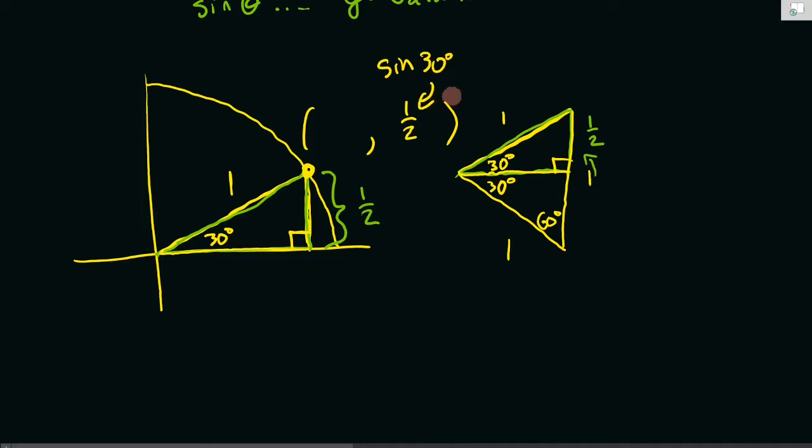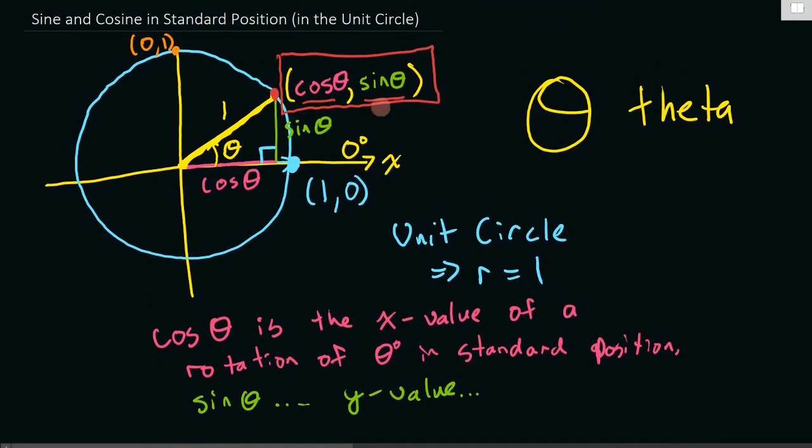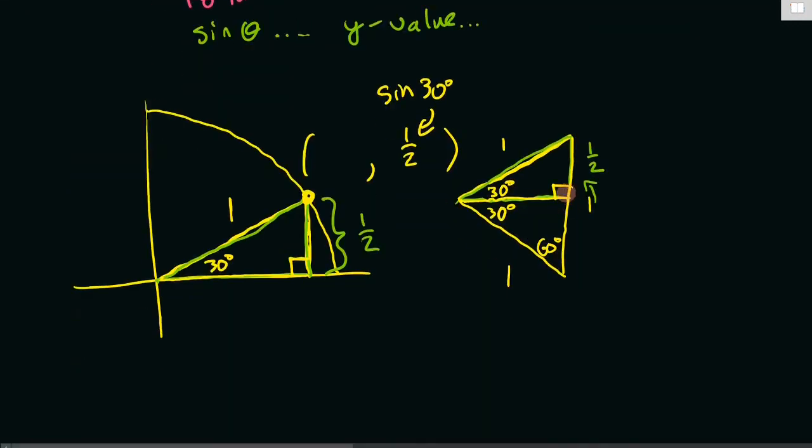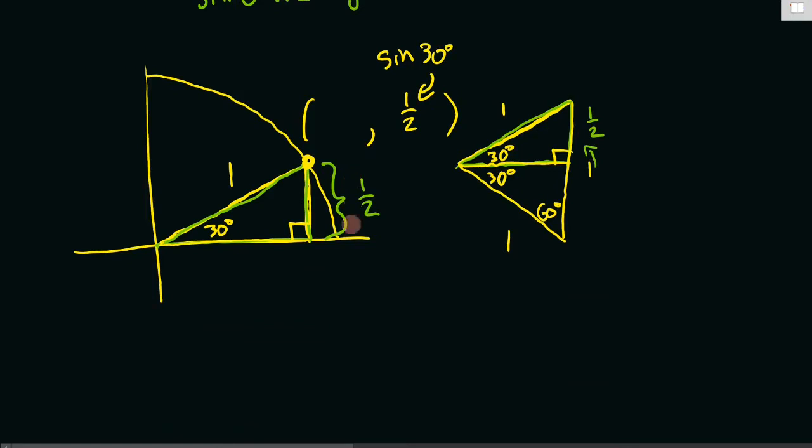So sine of 30 degrees is a half, because the y coordinate of a point on the unit circle is the sine of the angle. In this case, our angle is 30 degrees, and so the sine of that is 1/2. Now, cos is a little bit of work. We're going to have to do some Pythagorean theorem for this.